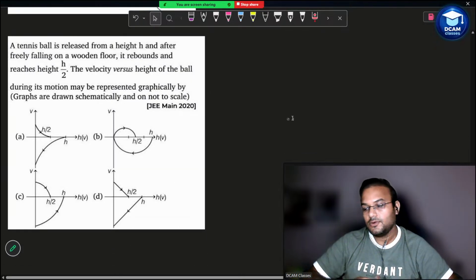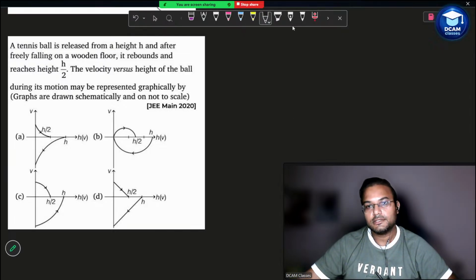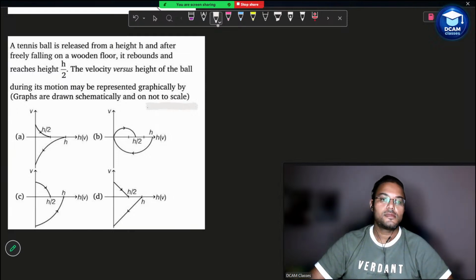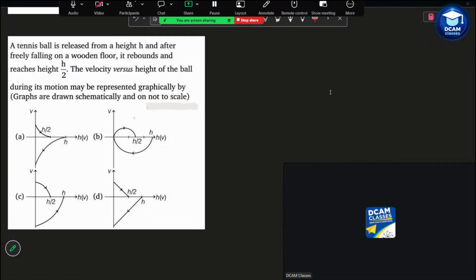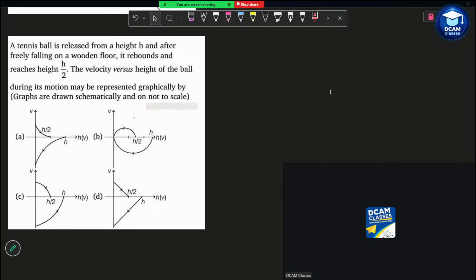Don't look at it as it was asked in JEE Main 2020. JEE Main questions are not very easy actually. The level of questions I'm giving is higher than JEE Main. Let's see whether you can do it or not.